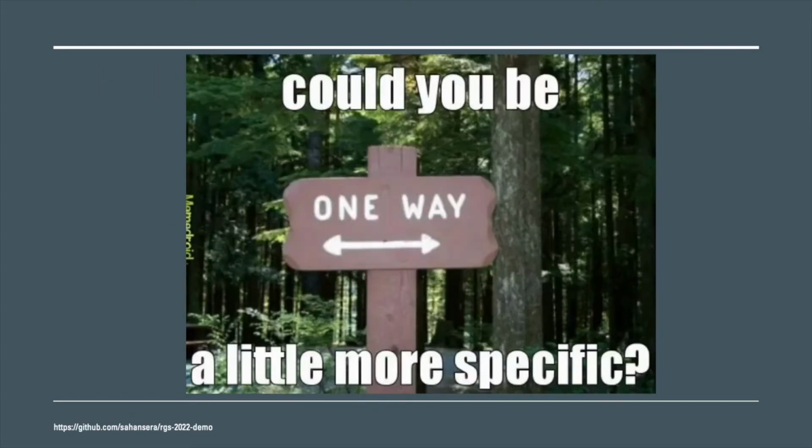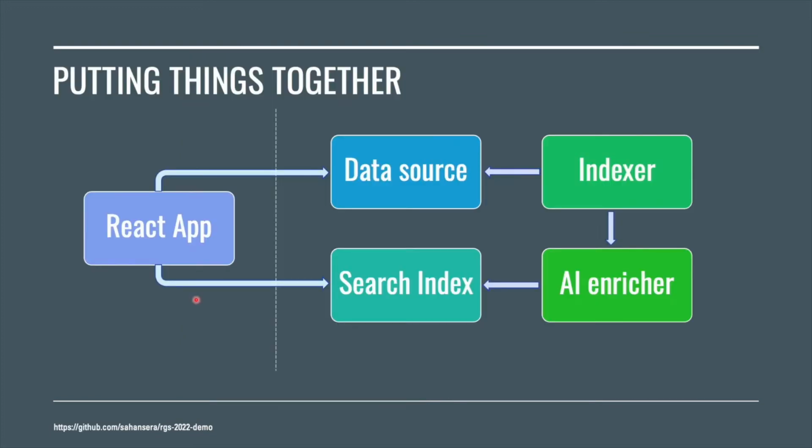You might be thinking, cool, I get that, I know all the components, but how can we put them together? Can you be a little bit more specific, Sahan? In a usual implementation, this is what the data flow is going to look like. So starting from the React app, we can push data to a data store and let the rest handle the searching.